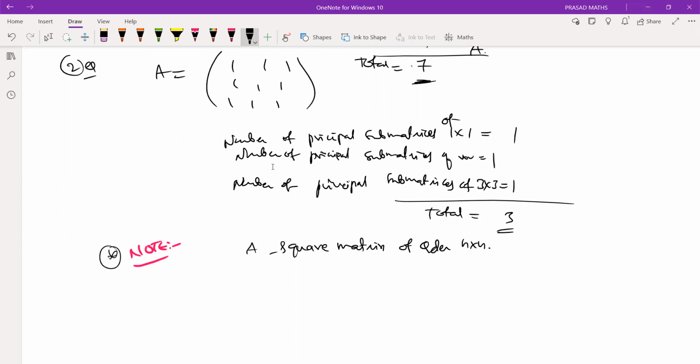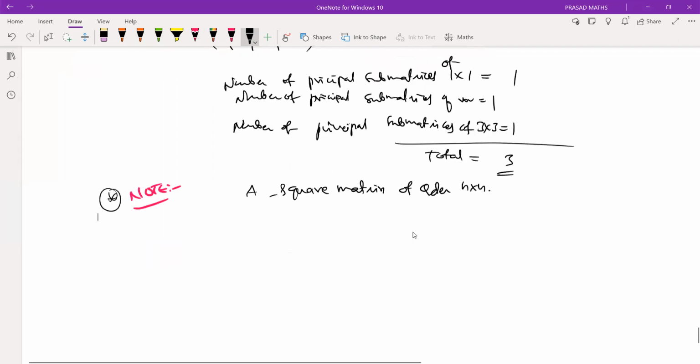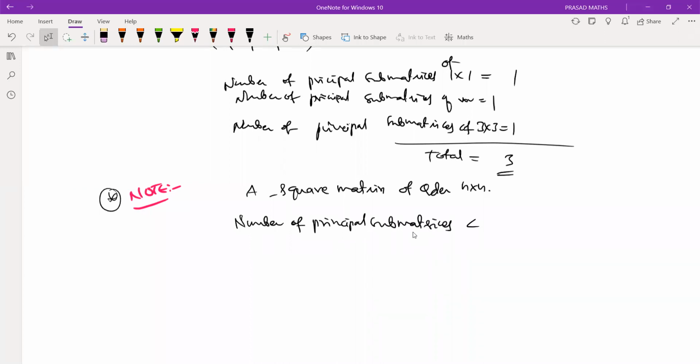The number of principal submatrices should be bounded by 2 power n minus 1. Bounded below by n. This is a very, very important formula.